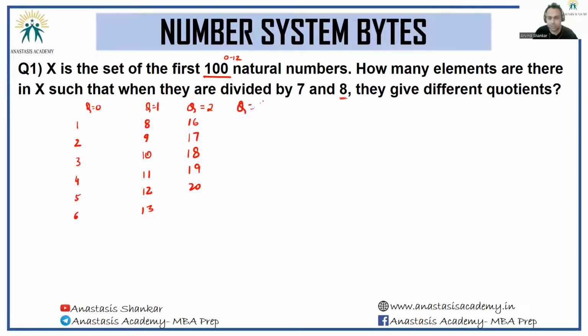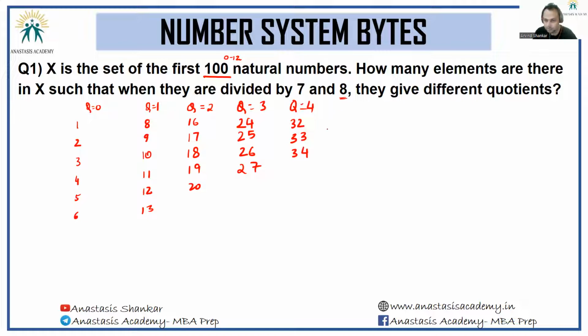With a quotient of 3, it will be 24, 25, 26, 27, 28 onwards. Does it work? Quotient of 4, you would get 32, 33, and 34.